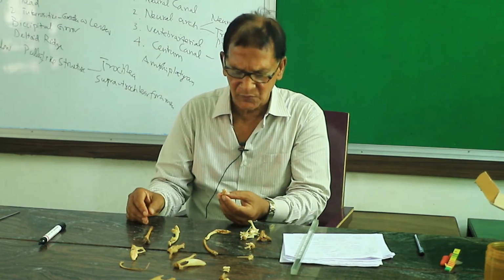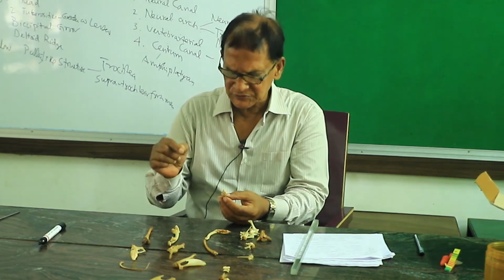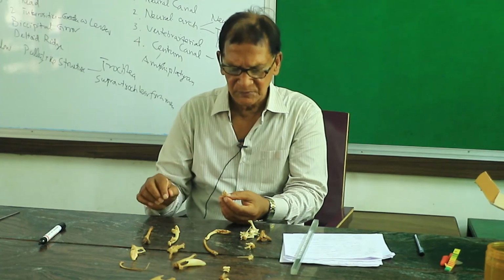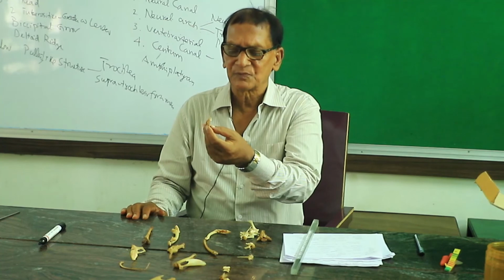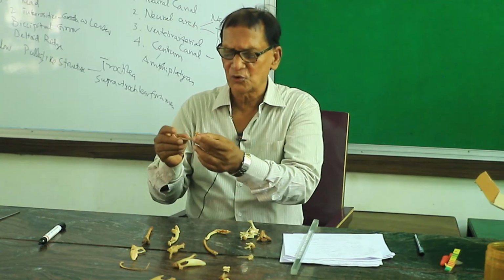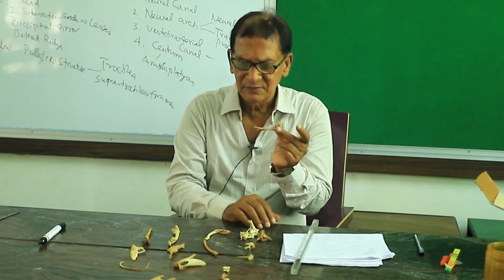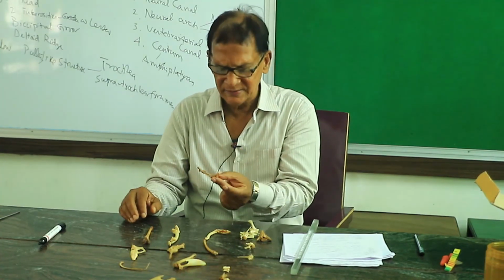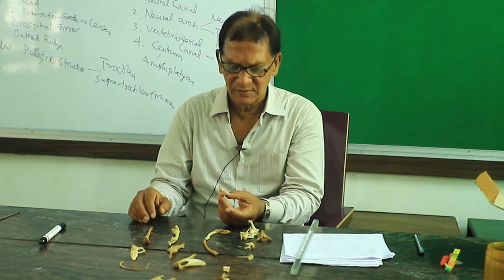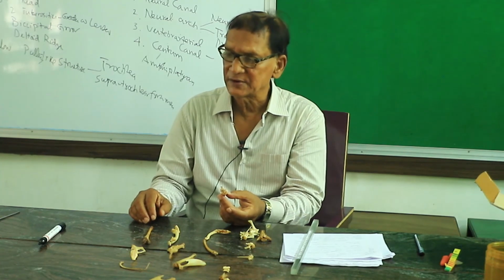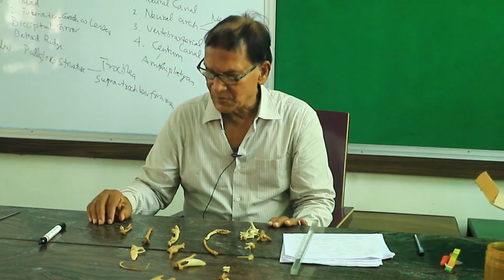The phalangeal formula of the toe of the hind limb is 0, because the first finger is absent, then 3, 3, 3, 3. So we have only 4 fingers, while there are 5 fingers in the forelimb. There are 4 toes in the hind limb, 4 metatarsals, 4 fingers. So this is the hind leg.